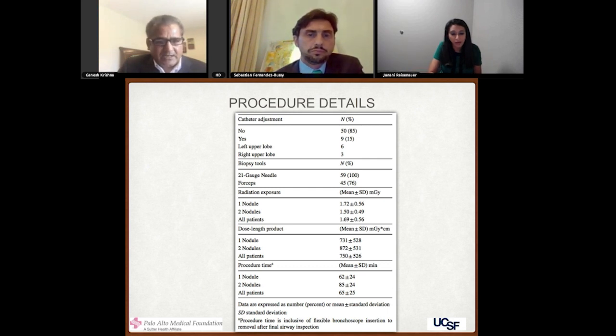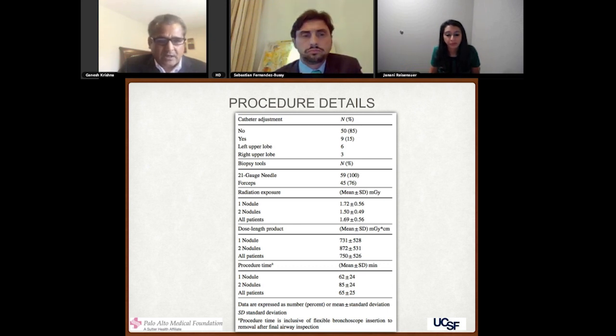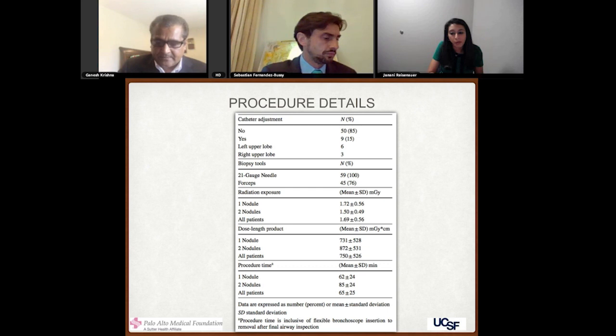Radiation exposure was comparable to a low-dose CT, and the radiation exposure due to cone beam CT was about 1/4 of that of transthoracic needle aspiration, in at least one study that included 1,100 patients. The procedure duration was about an hour, and adding a nodule did not take too much extra time, about 20 minutes.